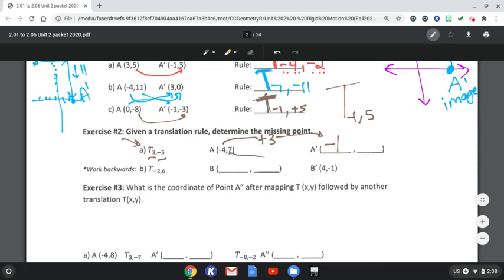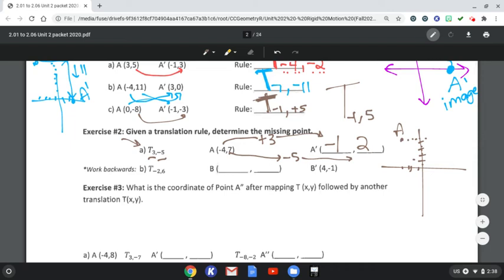And the y value is 7 minus 5, which is going to be a 2 in the y value. So again, if we were graphing, we'd have negative 4, 7 as one point A, and we're moving it 3 to the right and 5 down. Becomes that negative 1, 2.